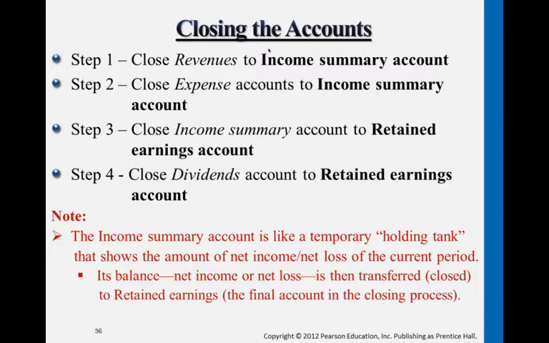Remember that this is just a temporary account that I opened up for the purpose of closing all this. So if we want to zero this out, we'll do something to the opposite side: transfer this $3,000 to the right side of retained earnings, because there's net income here. And this brings up the retained earnings balance.